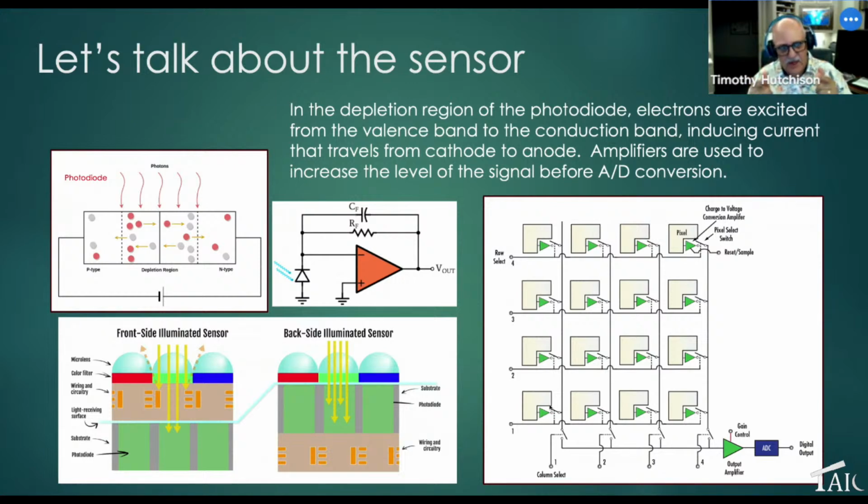But remember, the number of electrons that get excited by a photon is not 1-to-1, right? So it's not always one electron for one photon. We don't need to get into the physical properties of the silicon, but just know that it's not one electron that gets excited for every photon that hits the thing. Okay, next question.